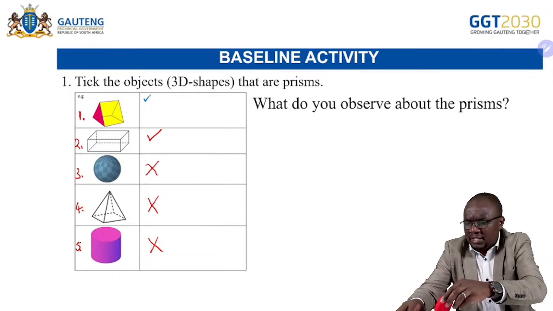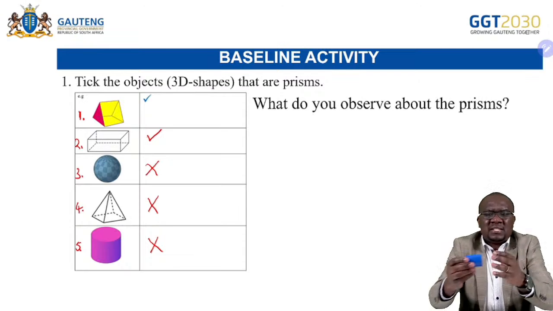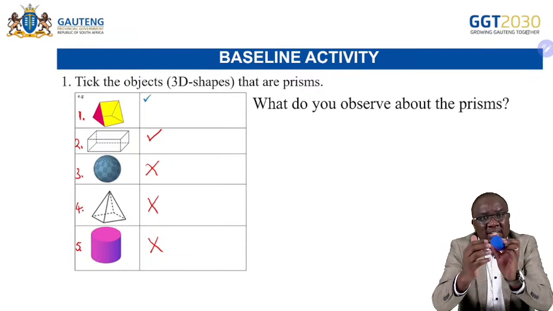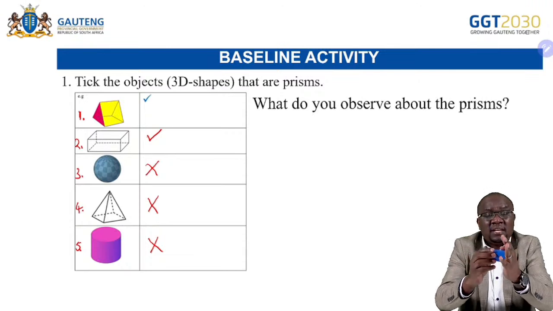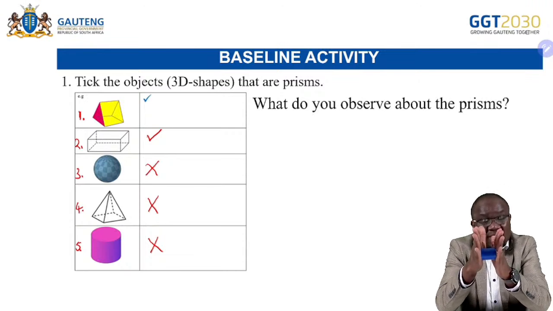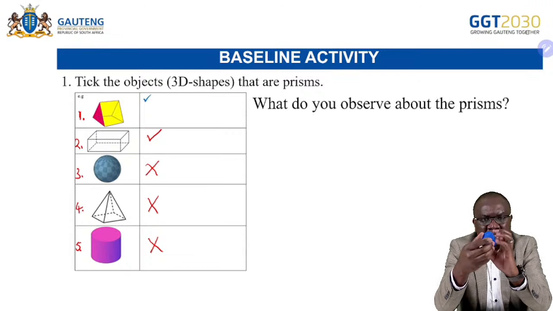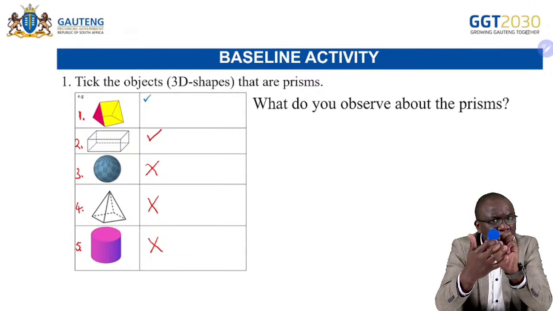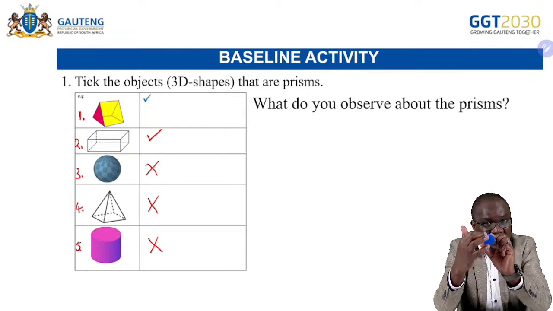Let's talk about a cylinder. Yes, the bases are parallel to each other. You see the circle, you see the circle this side. They are parallel to each other, isn't it? Just like the prisms. But a circle is not a polygon. Do you see that? It does not have vertices. It does not have the corners. The vertices are the corners.